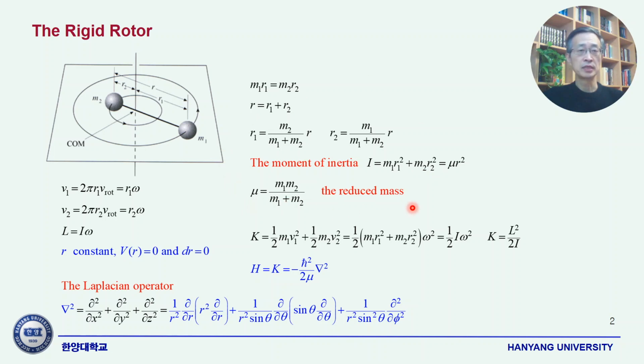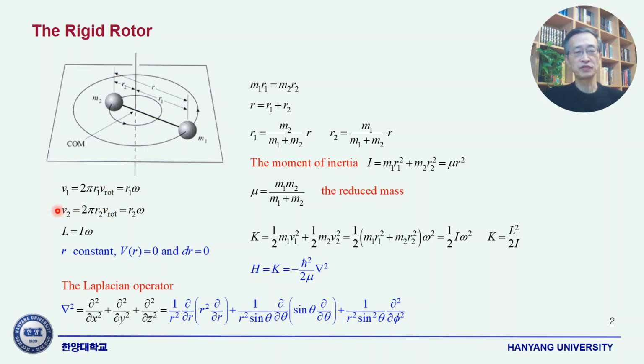And then the velocities of the two bodies M1 and M2, V1 and V2, are in terms of the rotational frequency: 2 pi R1 times the rotational frequency, and the angular velocity omega is 2 pi times the frequency, so V1 is R1 omega, and V2 is R2 omega. Actually, nu and V can look identical in this font, but anyhow.